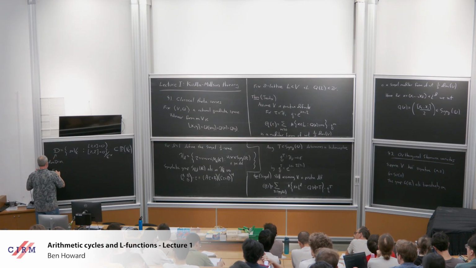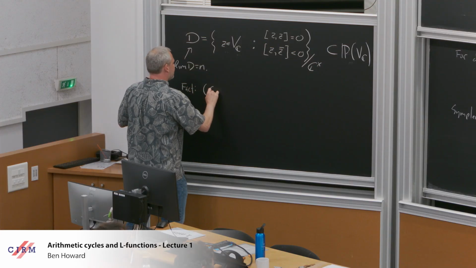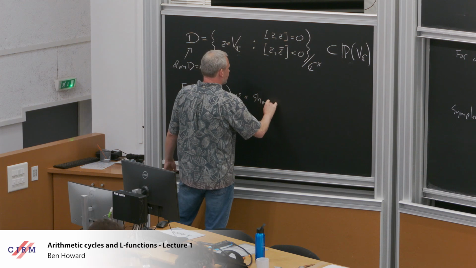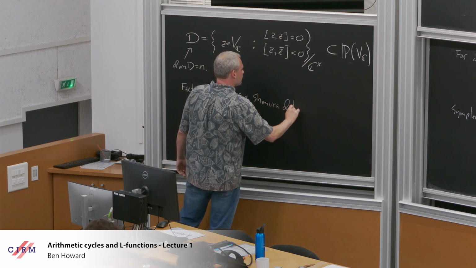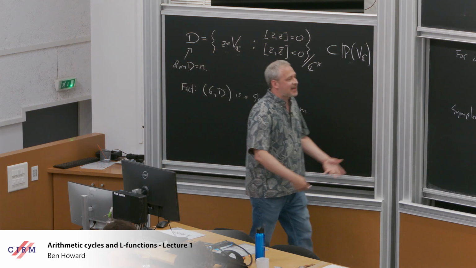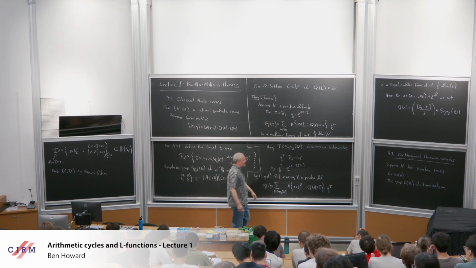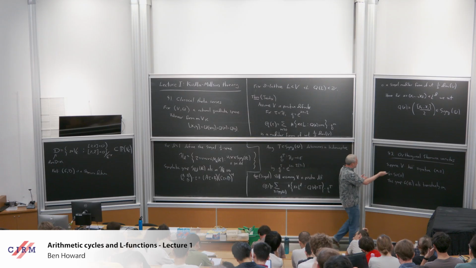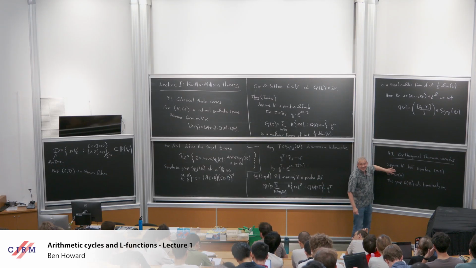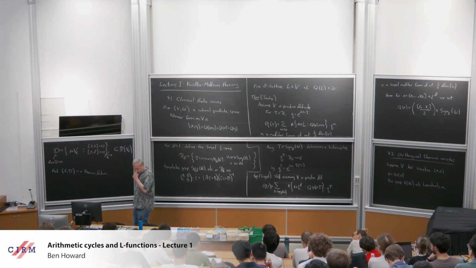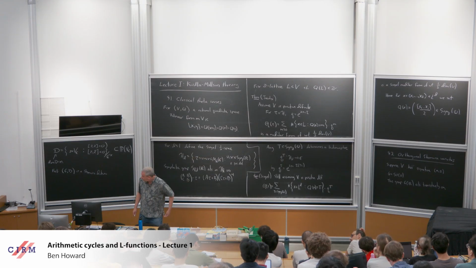In fact, this pair, G comma D, is a Shimura datum. There's a natural way to realize this D as a conjugacy class of maps from Deligne's torus into the real points, but I'm not going to write down what that is. It has reflex field Q.